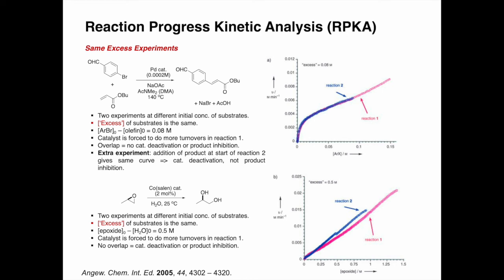From this, we would be able to conclude that catalyst deactivation or product inhibition is occurring. And if we want to find out if the lack of overlap in these lines is down to product inhibition, then we would do a third experiment where the product is added from the start of the reaction.